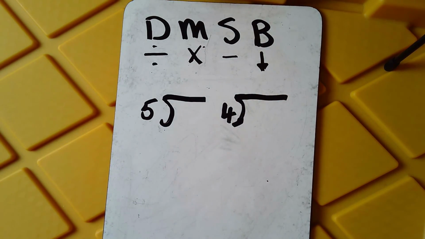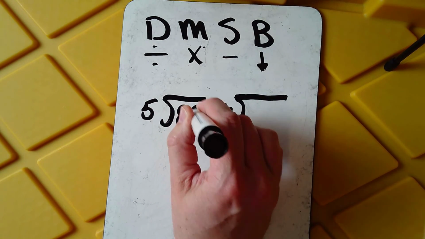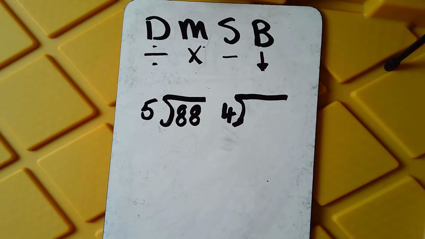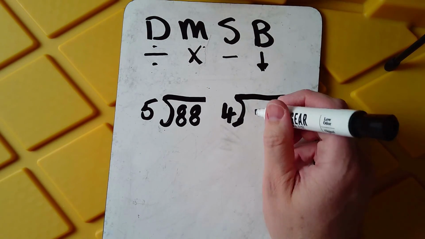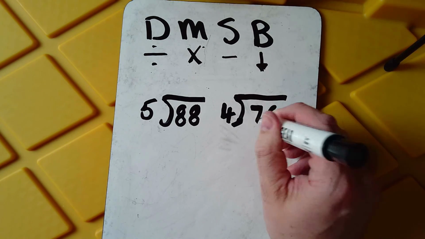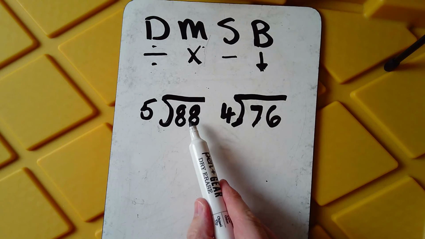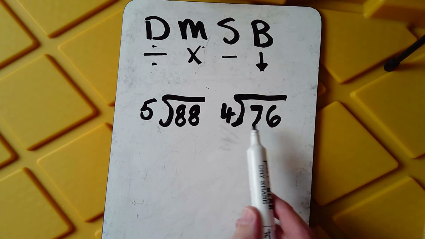Okay, inside of here, let's go 88. What do you think of that one? And on the 4, let's go 76. So the questions will be 88 divided by 5, 76 divided by 4.